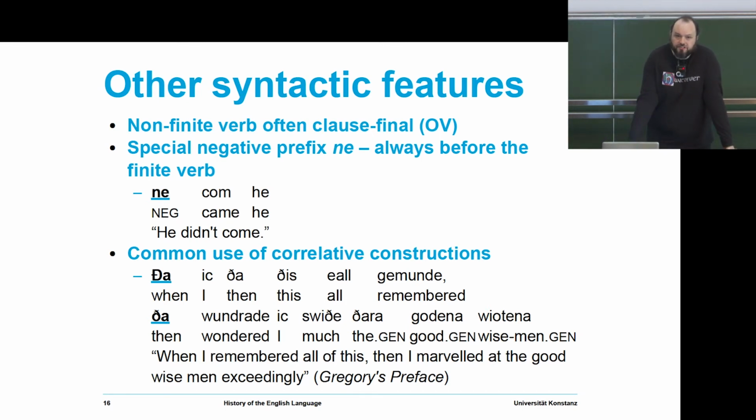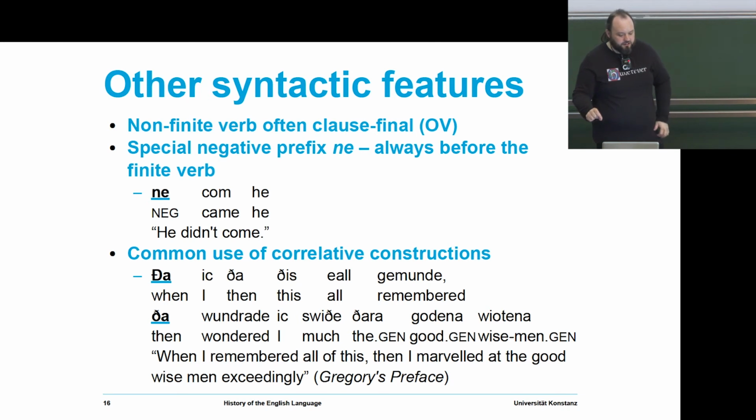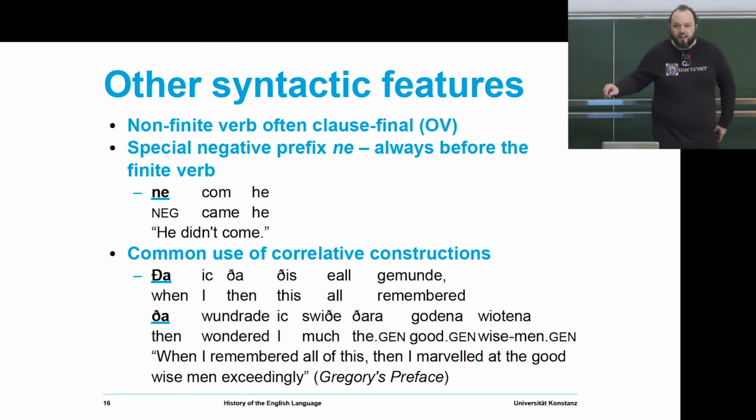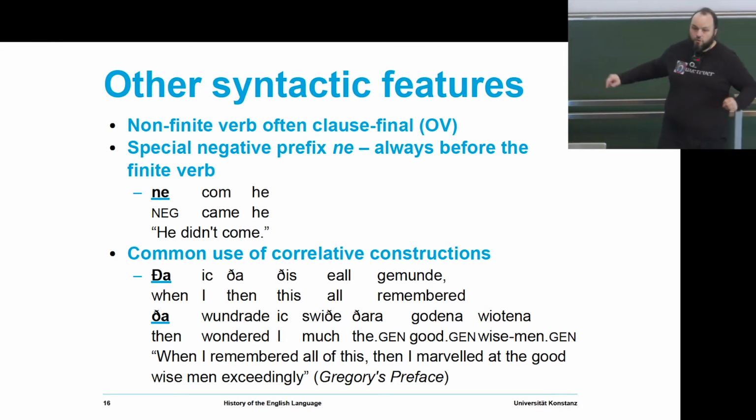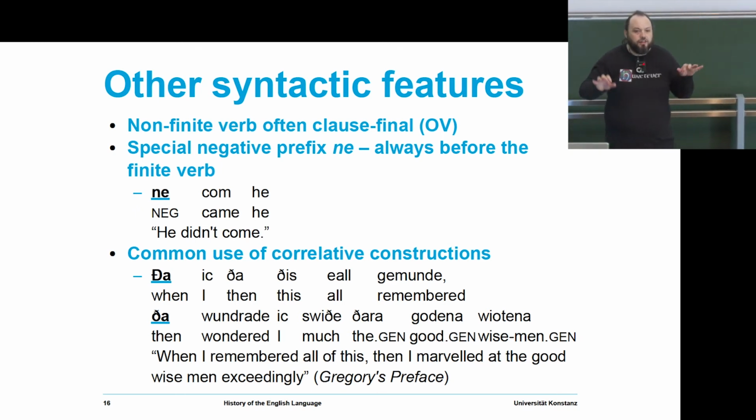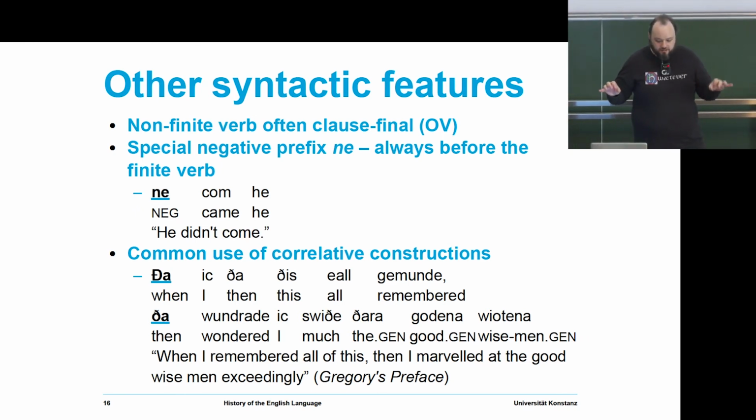The other thing that's particularly salient about Old English syntax is that you often get what's called a correlative construction. A correlative construction is basically where you have two clauses next to each other, both introduced by the same element. The example on the slide goes, when blah blah blah, then blah blah blah.